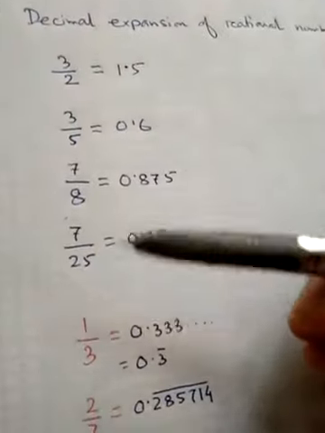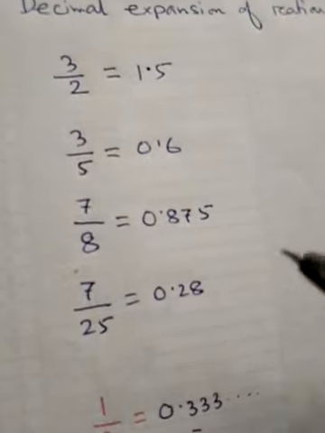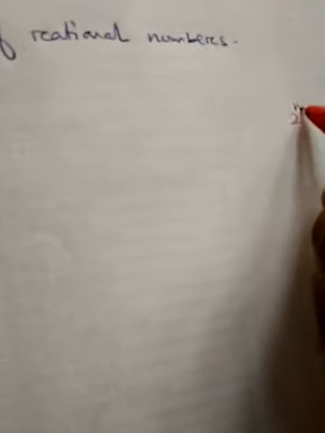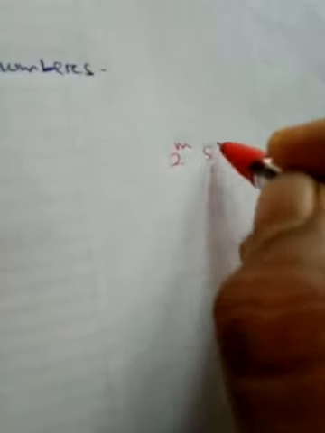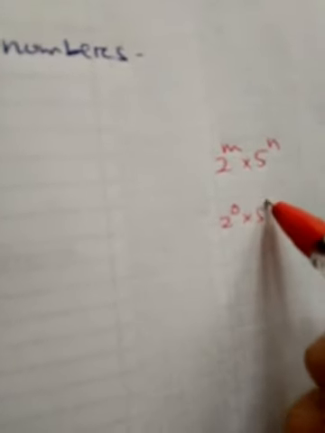So the difference is, if the denominators are of the form 2 to the power m and 5 to the power n, where m and n are some whole numbers, so it can be 2 to the power 0 into 5 to the power 2, it can be 2 to the power 3 into 5 to the power 0, it can be 2 to the power 3 into 5 to the power 1, something like this.